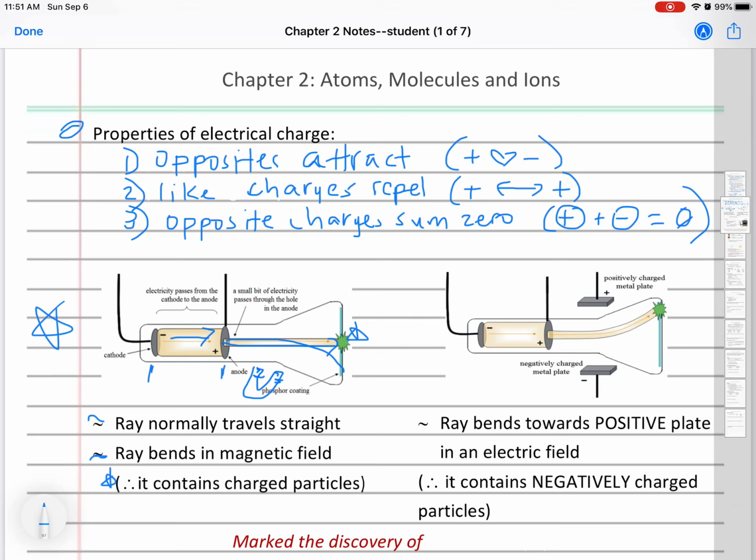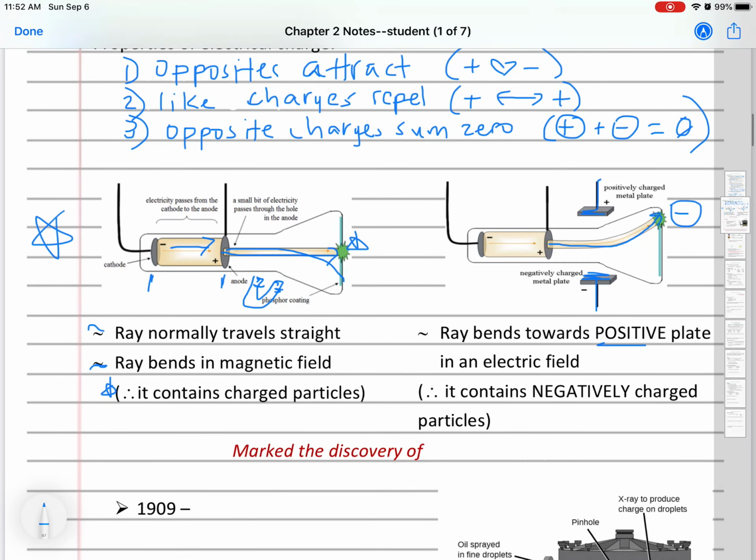Then, to determine what the charge of the particles was, he used some electrically charged plates, and the beam always curved towards the positive plate. Since opposite charges attract, that means that the beam must contain negatively charged particles. So this was basically the discovery of electrons.